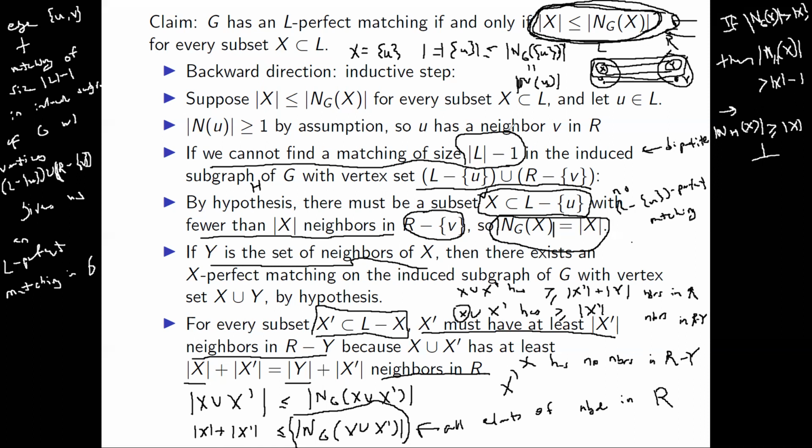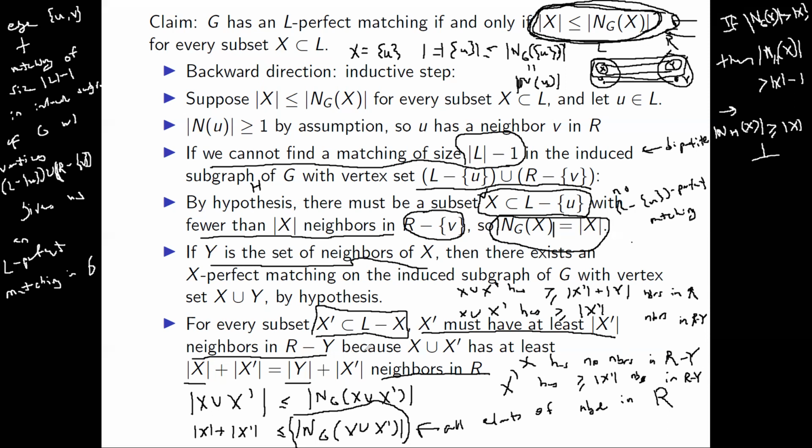It wasn't doing anything. So we can say x prime has at least cardinality of x prime neighbors in R minus y. And we just proved this for every subset x prime of L minus x.